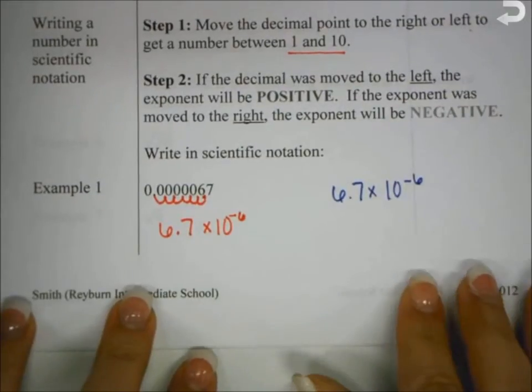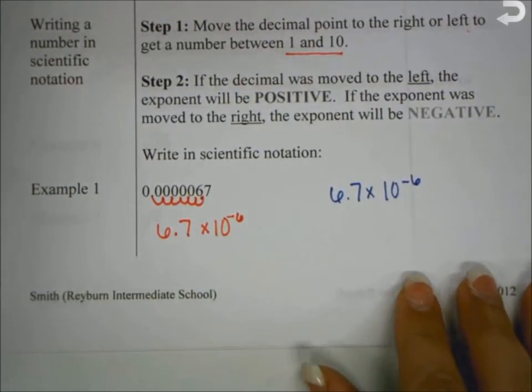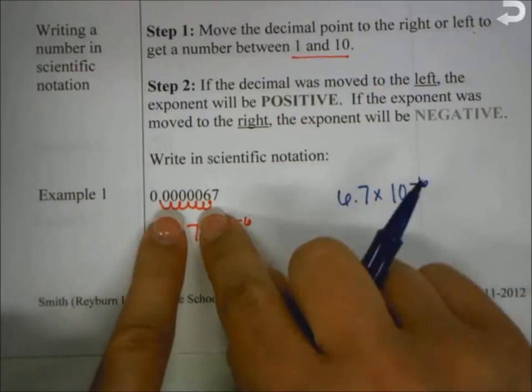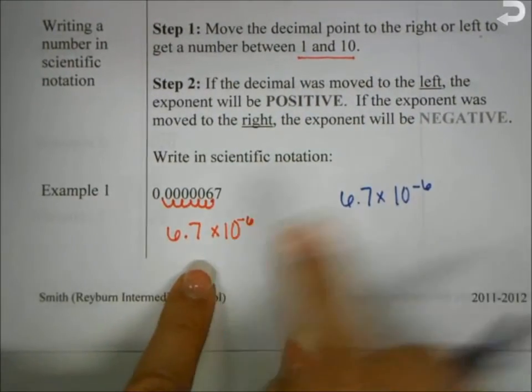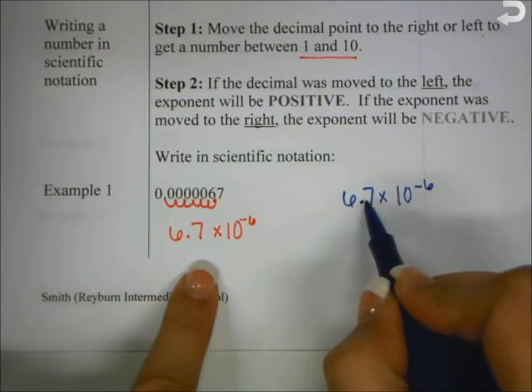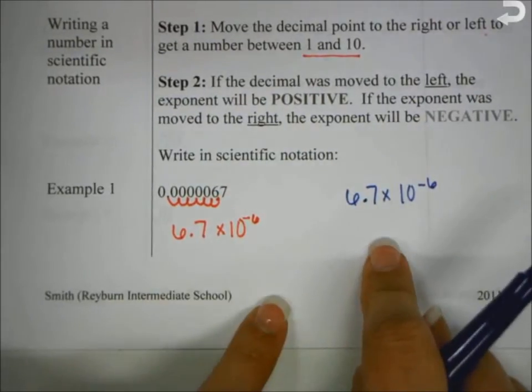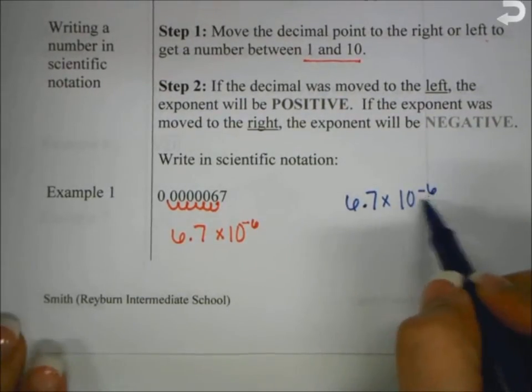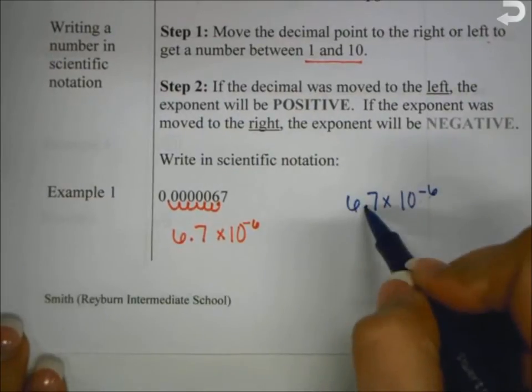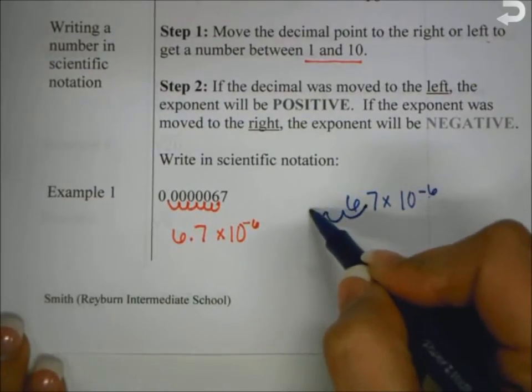This is scientific. What would I do to get this in standard notation? Move my decimal how many places? 6 to the left. So let's do it. 1, 2, 3, 4, 5, 6. What do I end up with? Is that what I started with?